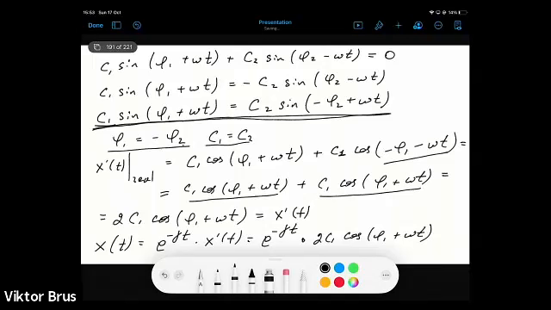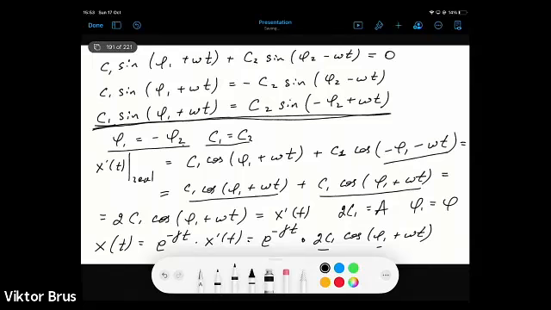Now, if we apply some boundary conditions and define explicit values for constant C1 and phi1, we can substitute 2C1 as the amplitude value A, and phi1 as some initial phase phi.